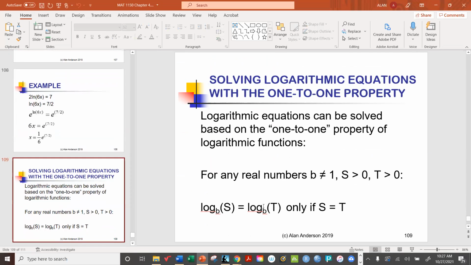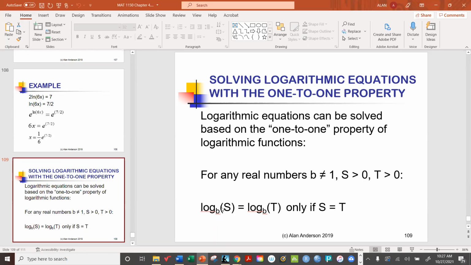Here it is. If you have 2 logs with the same base, that implies that in this example, s equals t. It's for similar reasoning. You're basically raising both sides to the b power to do this.